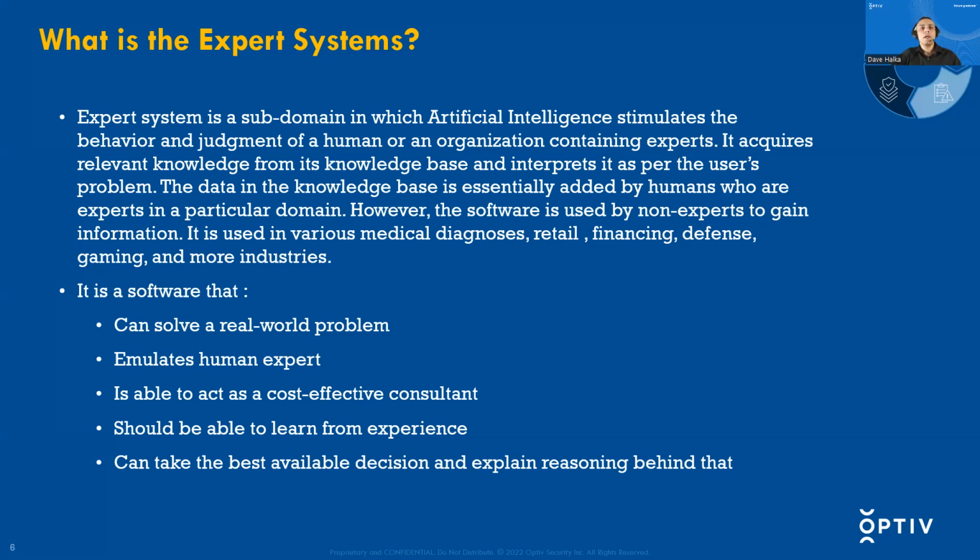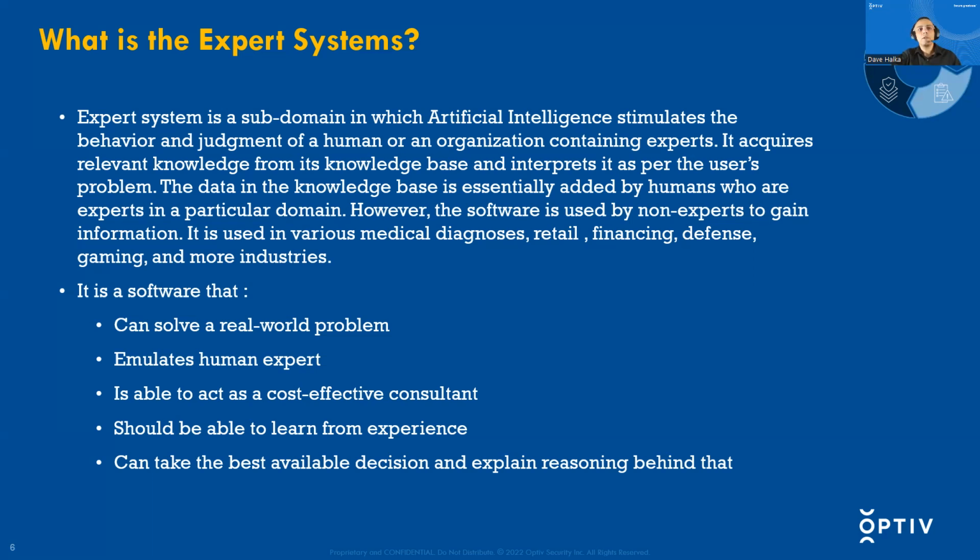Normally, an expert system simulates the judgment behavior of a human, especially in the consulting industry. It gets relevant knowledge from its knowledge base and translates that to a user problem.